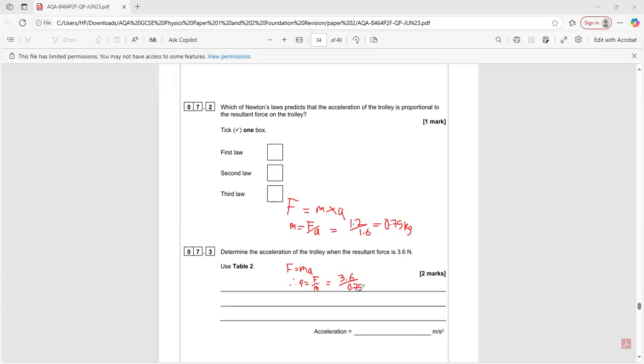Did you notice that I did not convert the mass to grams? Yes. So we use kilograms. So 3.6 divided by 0.75 will give you what? 4.8. Thank you. 4.8 meters per second squared, or Newton per kilogram, whatever it is.